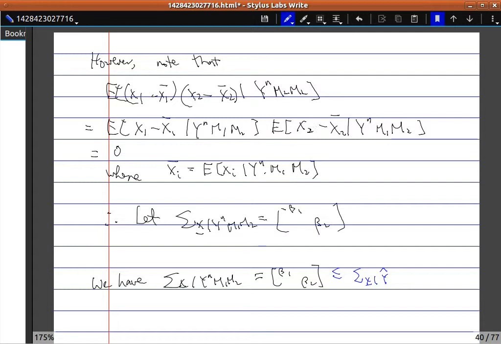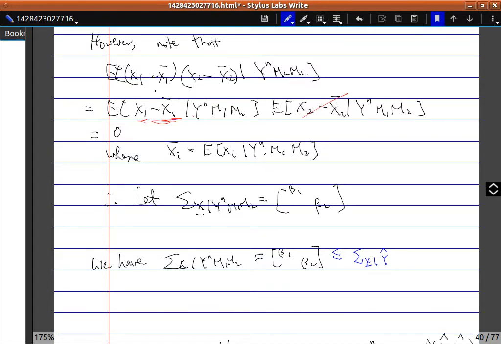If we think of x1 and x2, and compare the correlation between x1 and x2 given y, these two terms are actually uncorrelated, so this multiple can be expanded into a multiple of two expectations, and of course this is just the mean of this, which is 0, so this is 0.